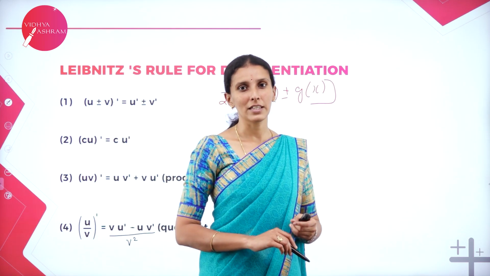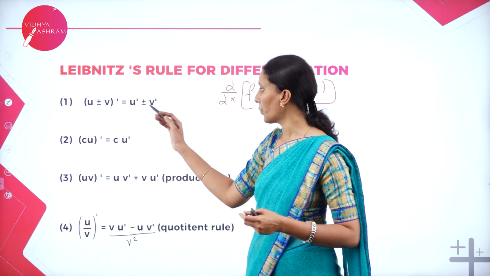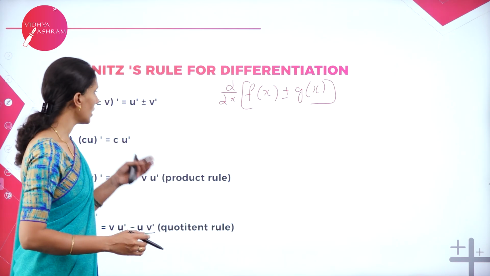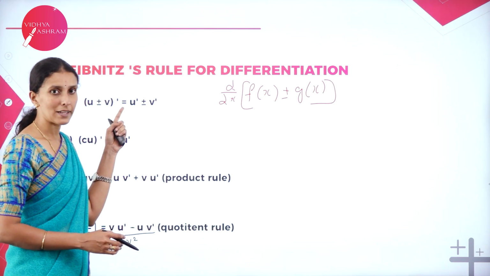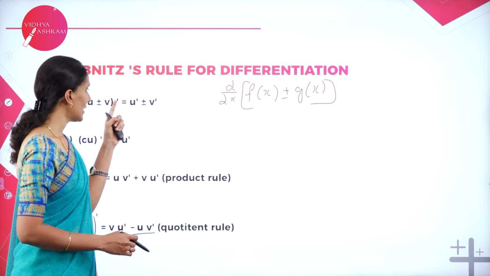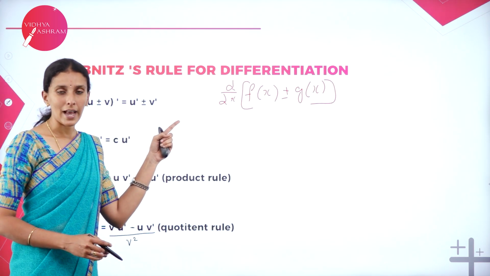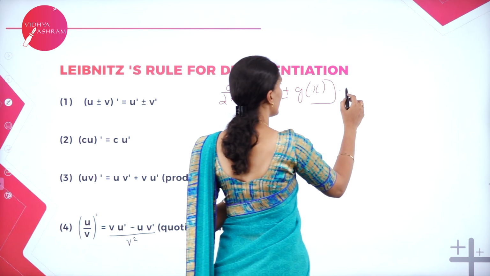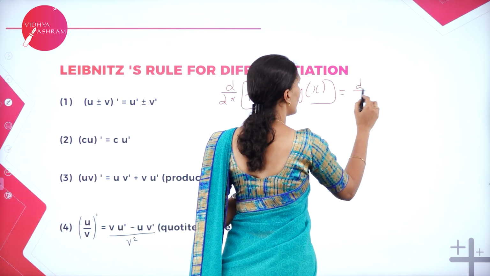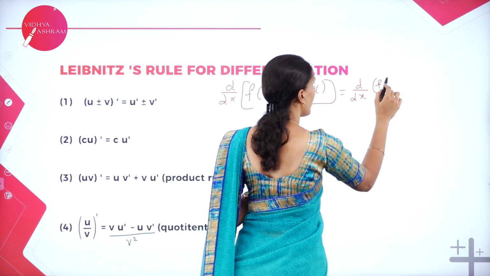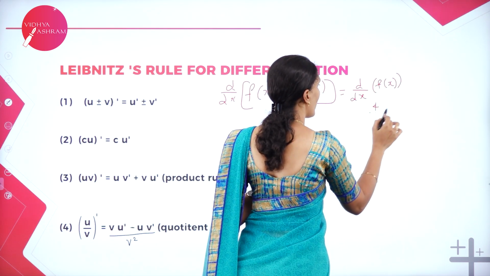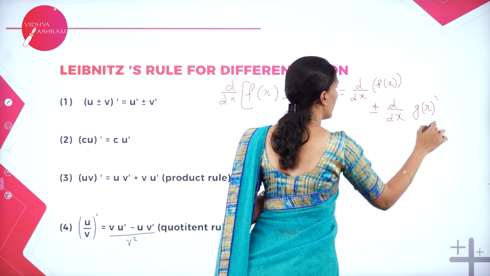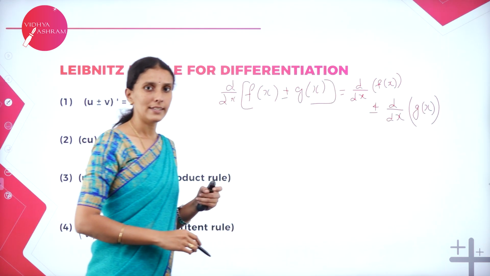Similarly, here f of x and g of x are replaced by u and v. If you are deriving a function in the form of u plus v or u minus v, then it is u dash plus v dash or u dash minus v dash. That is, d by dx of f of x plus or minus d by dx of g of x. So you are deriving the functions separately.